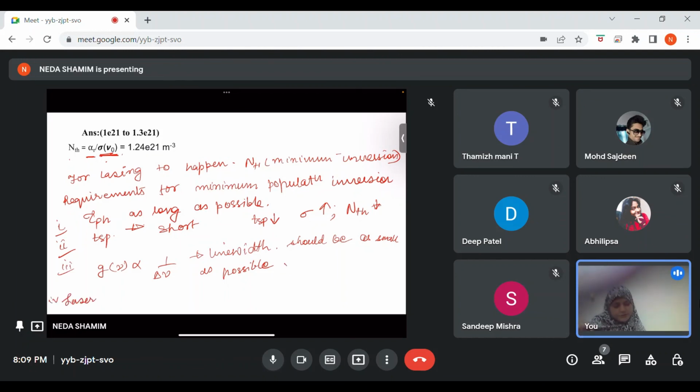The fourth thing is laser material. These are the requirements for minimum population inversion. Why does it depend on the laser material? So that N threshold can be kept as small as possible, so that we don't require a large pumping power. If N threshold is really small, then we don't require a large pumping power.